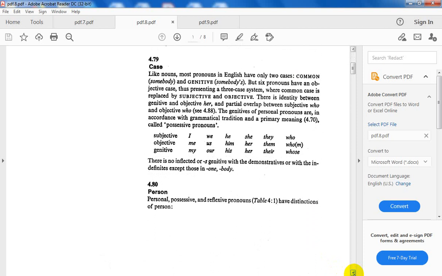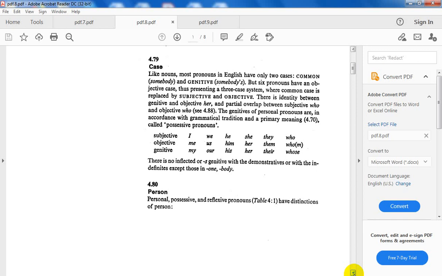Like nouns, most pronouns have a two-case system, which is common and genitive. This is one similarity between pronouns and nouns. I know what the cases of nouns are: nouns have 2 cases, the common case and the genitive case.